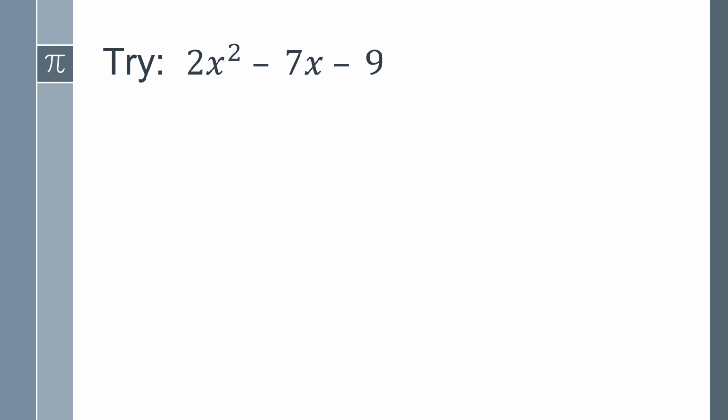Right? Did you put everything in place? Did you put -2 to be A, -7 to be B, and C to be negative 9?